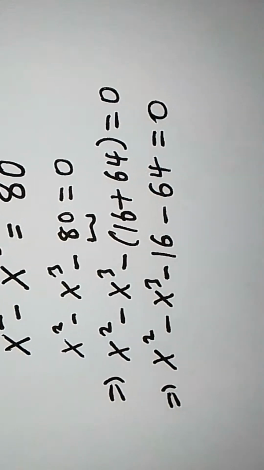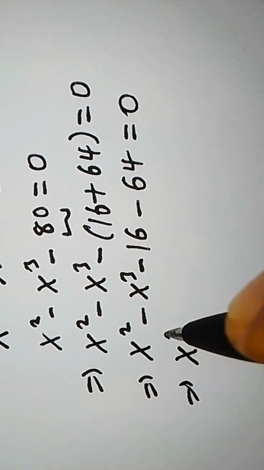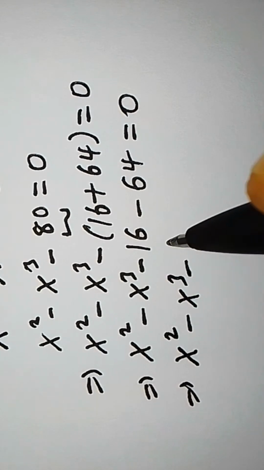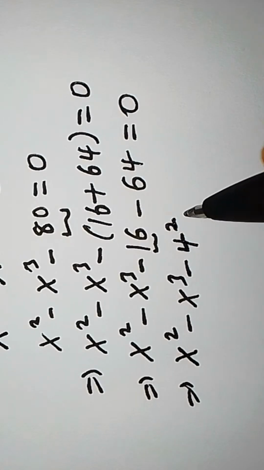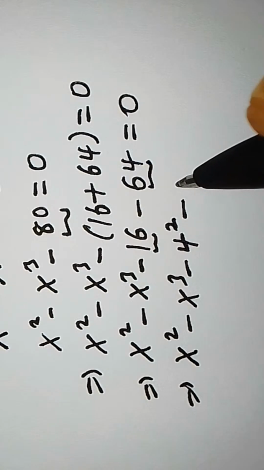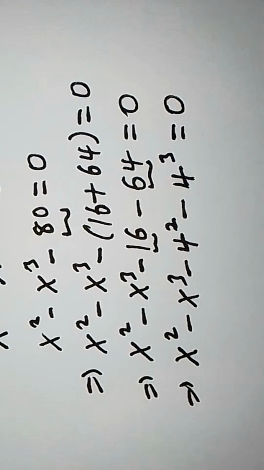Let's proceed further. This means that x squared minus x cubed minus 16 could be written as 4 squared, minus 64 could be written as 4 to the power of 3, equal to 0. Let's proceed further.